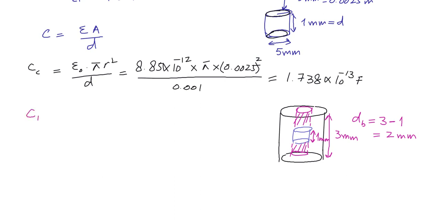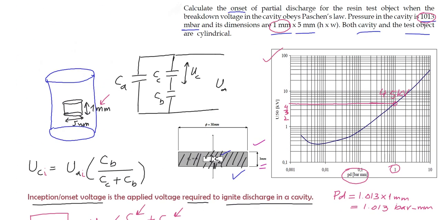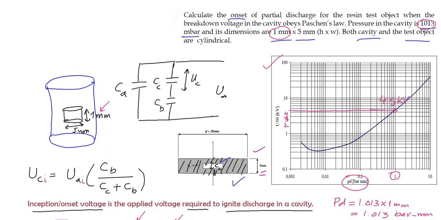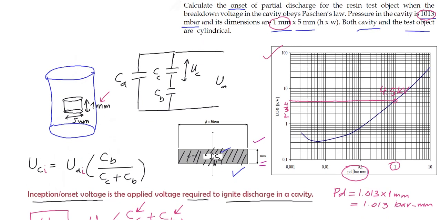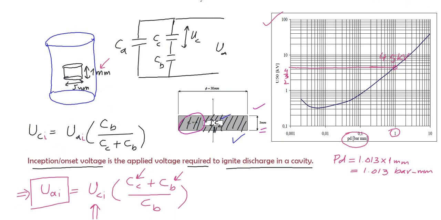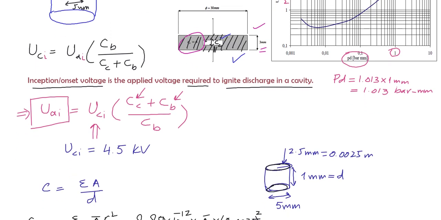So this is what we will use here. So CB will be equal to, now we will have permittivity. We will use permittivity of the resin. In the question we are not given the permittivity of the resin, but, okay, it is given here, it's written here, we are given relative permittivity of the resin. Even if it is not given, you can Google it. You can easily find out the relative permittivity of the resin.